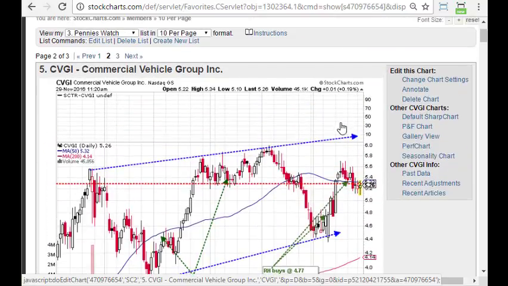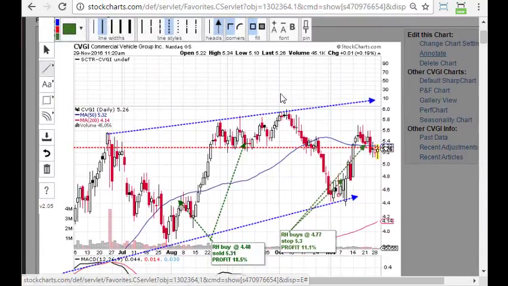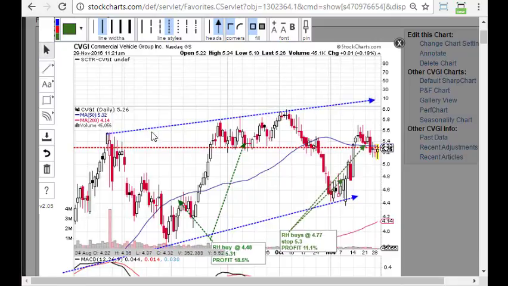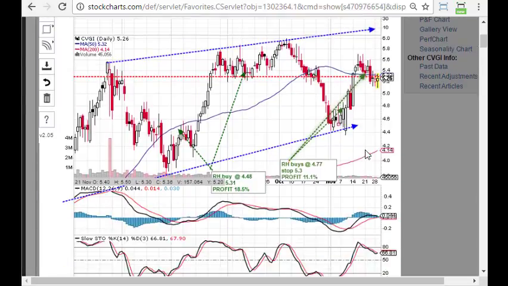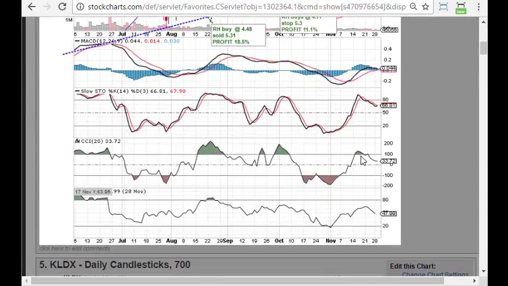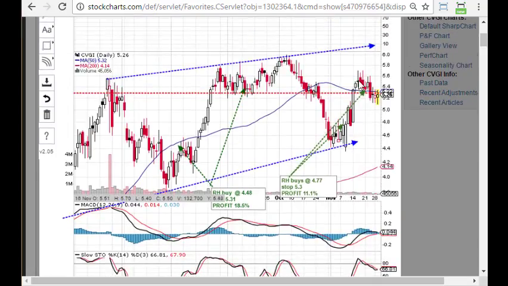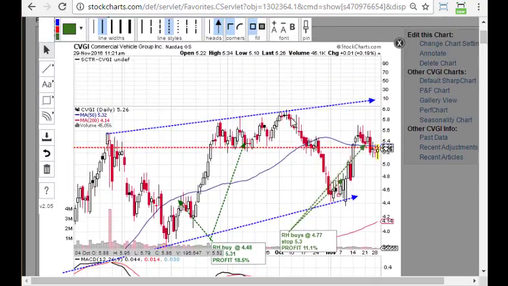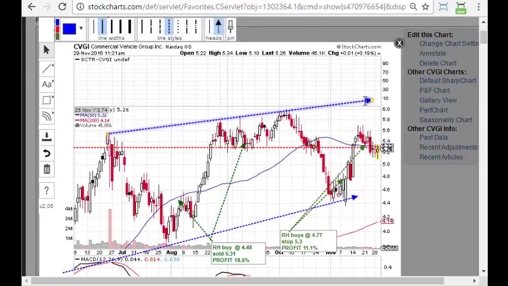I've got to be careful here, so let me fix this one. This was an uptrend, right? You draw a line across the tops, but this top, this is a top, this is a top on stochastics. You can see these are tops, but this top is lower than this top, so I gotta warn myself. I'm gonna shorten this one because that trend is over.